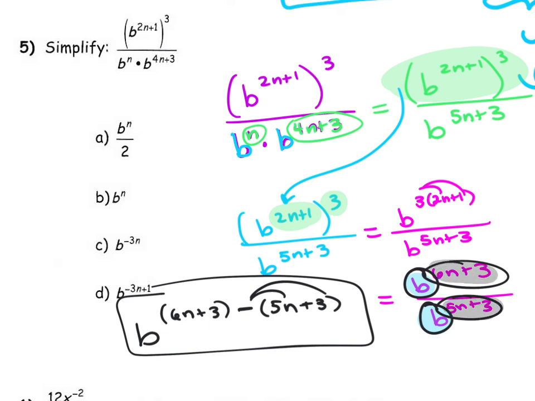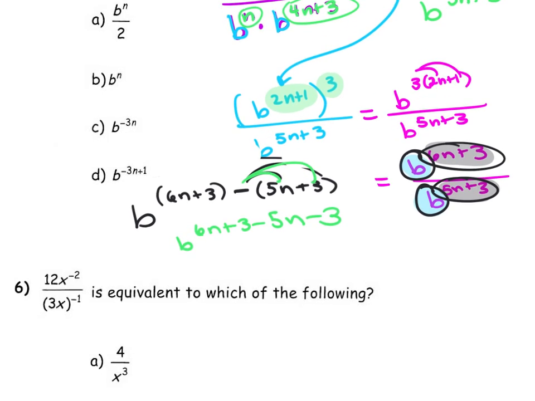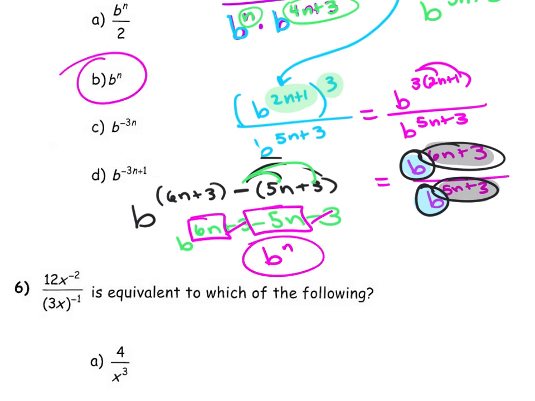So what if it's a binomial? Who cares? We'll have b to the 6n plus 3 minus 5n minus 3. Just distributing. 3 minus 3 is gone. 6n minus 5n is just n. So I'm left with b to the n. Answer choice B.